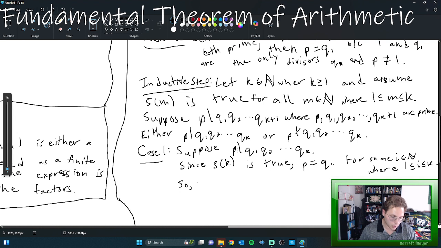So S(k+1) must be true, since Qi is in the set of these Q's from before. The only thing that wouldn't be included is k+1, but Qi is one of these that come before k+1. So it's in this set.